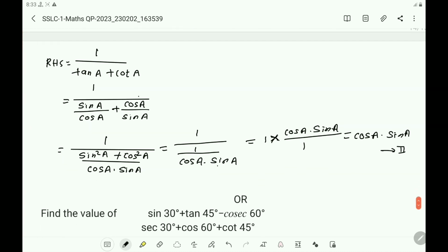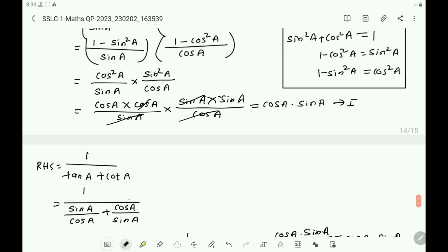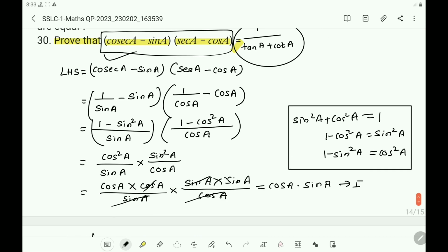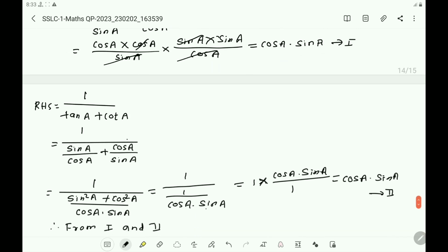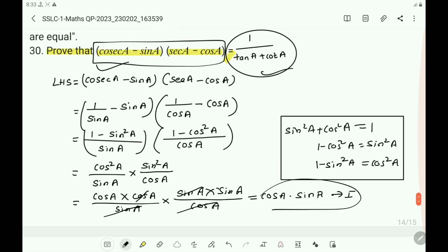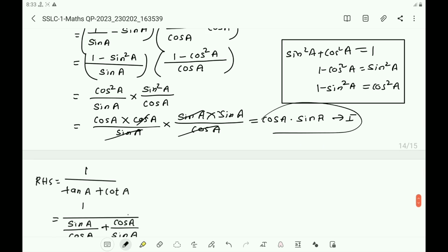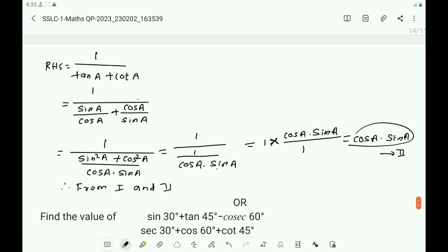Then from first and second, both LHS and RHS are equals to cos A into sin A. Therefore, the result is cosec A minus sin A into secant A minus cos A equals 1 by tan A plus cot A.